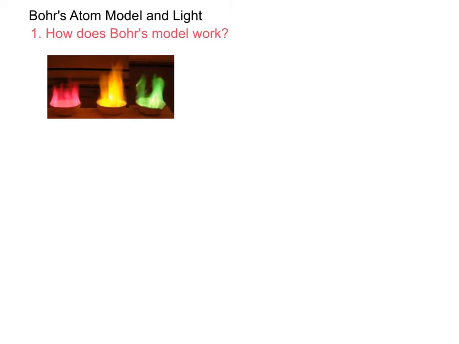So before Bohr, you'll remember, there was Rutherford, and Rutherford's model had the nucleus in the middle, and then he just said the electrons just kind of orbited wherever around the atom.